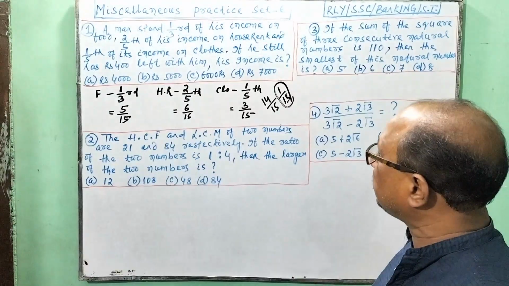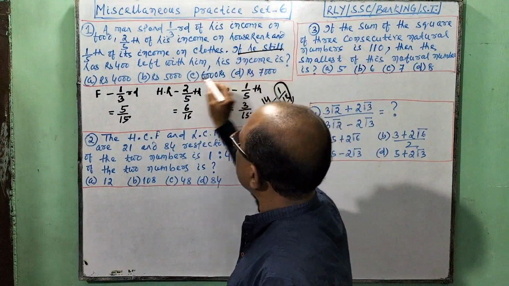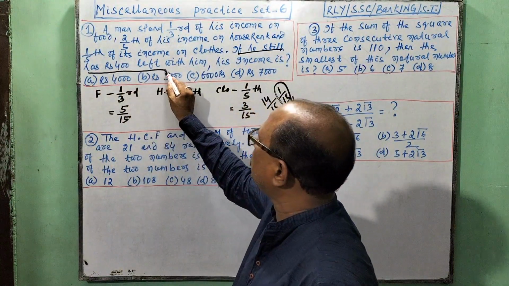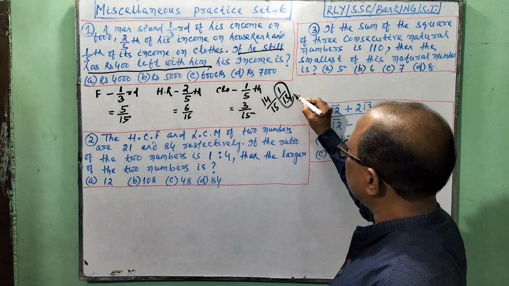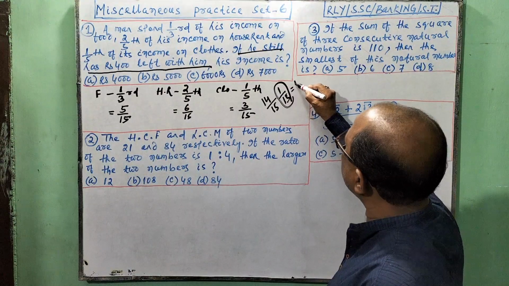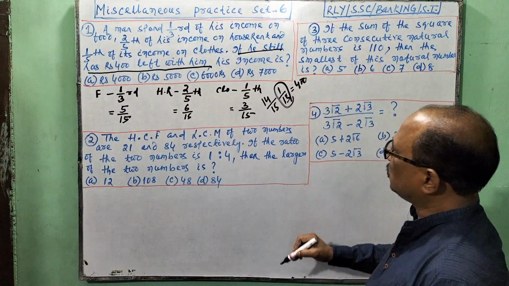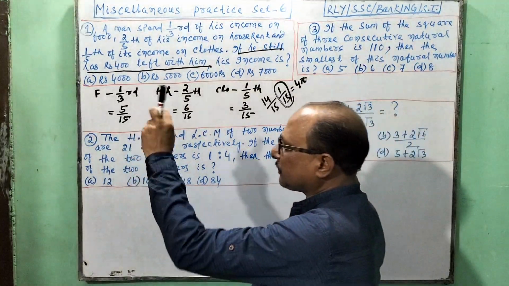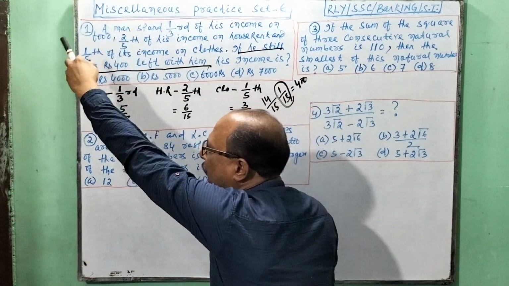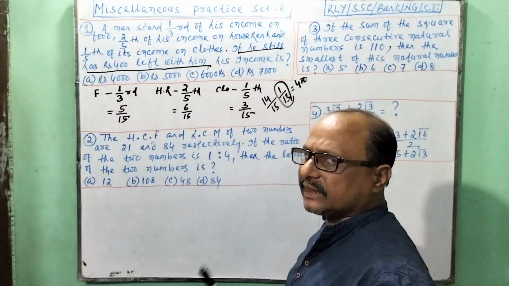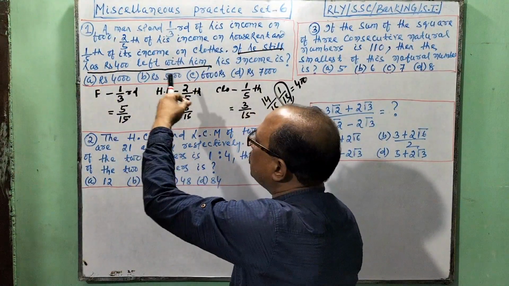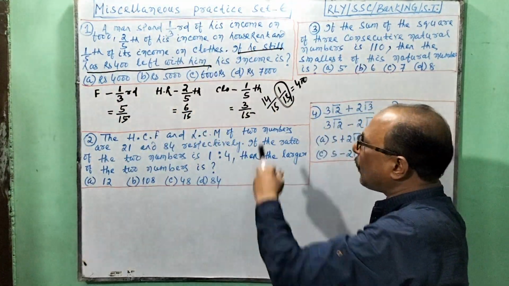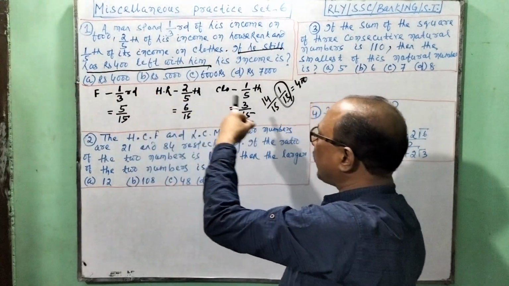So 1/15. If he still has 400 rupees left with him, then 1/15 is equal to 400 rupees. Let the income be 1, because 1/3 of 1 is 1/3, 2/5 of 1 is 2/5, and 1/5 of 1 is 1/5.